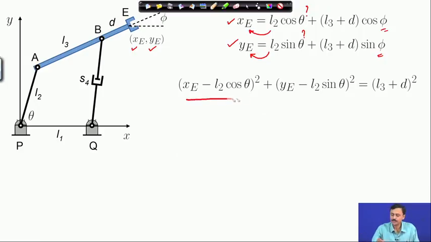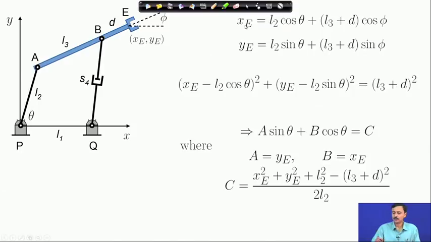So, phi is completely eliminated in this equation. What I am left with is an equation in which x e and y e are completely known, and what is not known is theta. Now, if you open up this expression on the left hand side and simplify, then you can very easily arrive at this form.